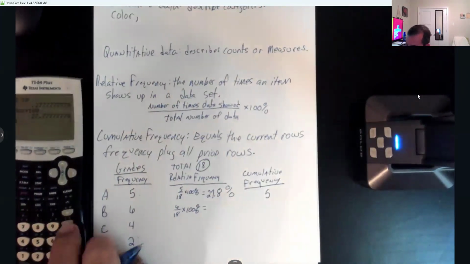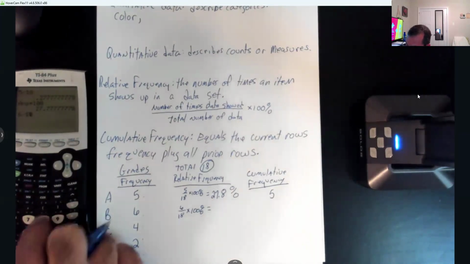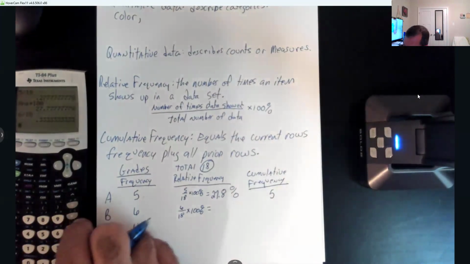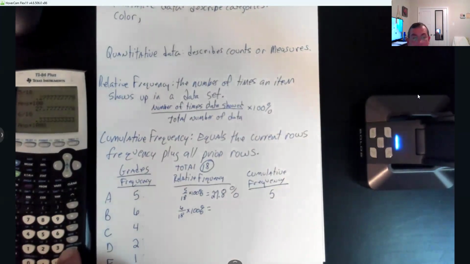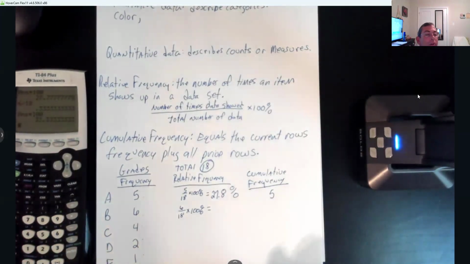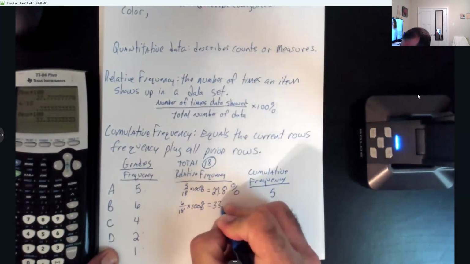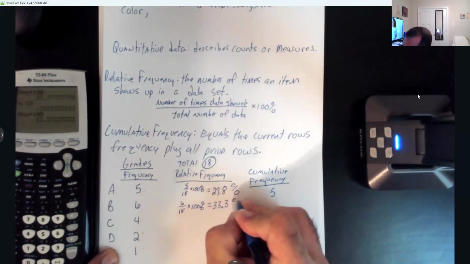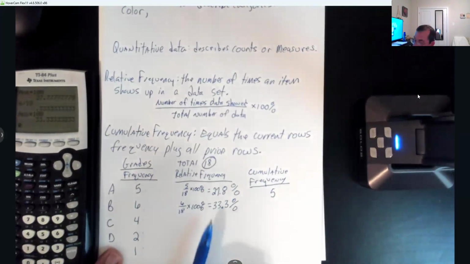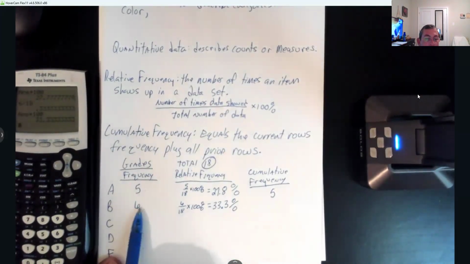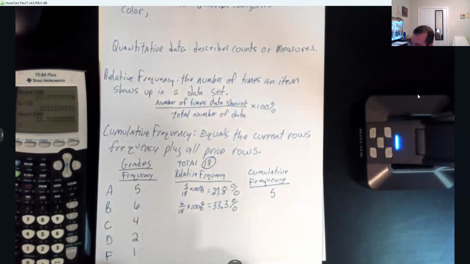All right, so same thing we'll do. 6 divided by 18. Take that answer times 100. And we get 33.3. And we'll keep that at 3 because of the 3 after it. So basically, a third of my students made a B on that test.